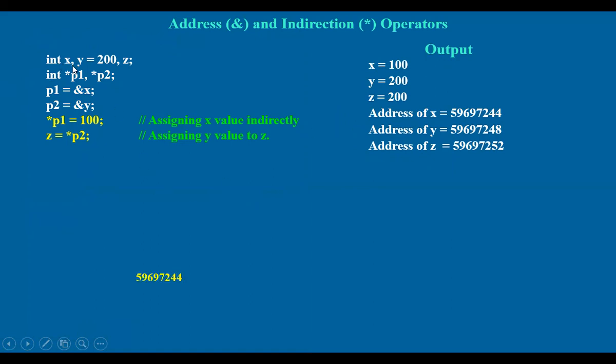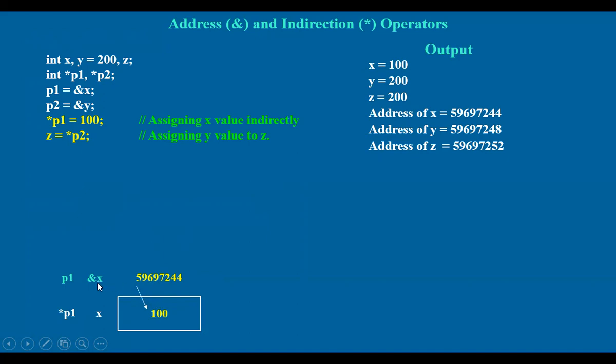Only Y is given 200. So if you see, initially X doesn't have any value. This X or star P1 both mean the same and give the value.